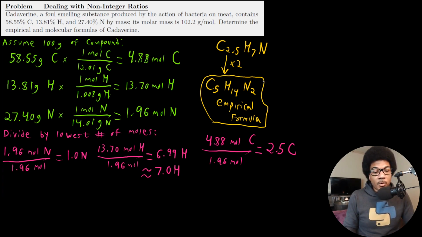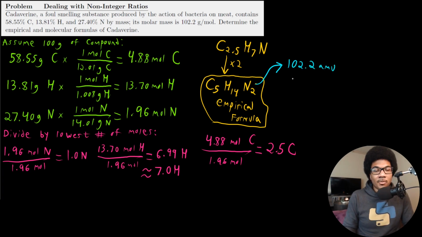Okay, now if we calculate a formula mass, I won't go through the details of the calculation because hopefully you guys have gotten how to calculate these masses at this point. But if you calculate the formula mass for this empirical formula, you get a formula mass of 102.2 AMU.